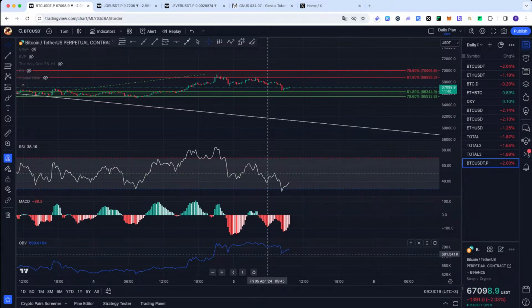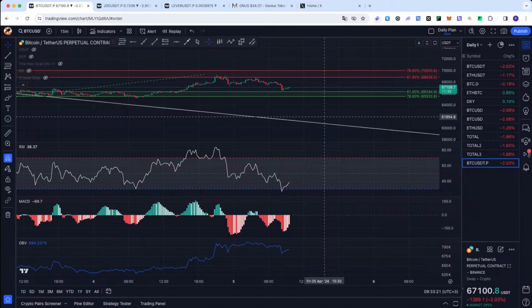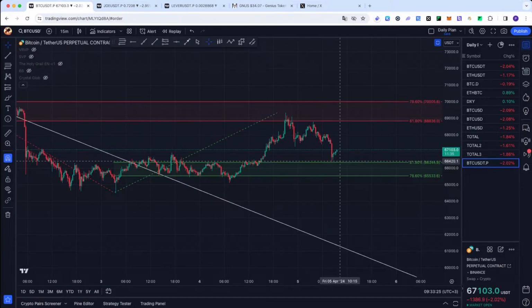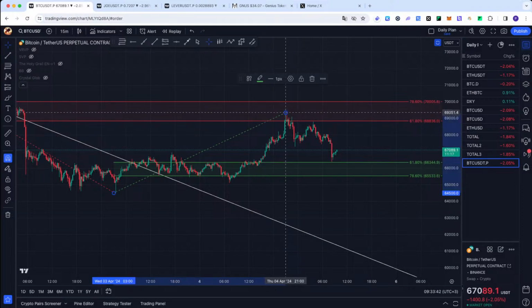So I still don't see an advantage for me. I don't see a clear setup. Here is just a dead cat bounce from the mountain man level, from the 61.8. Nothing more, nothing less. Will it bounce, retest this EMA and then go back down? Possible, probable. Usually that's how the market works.